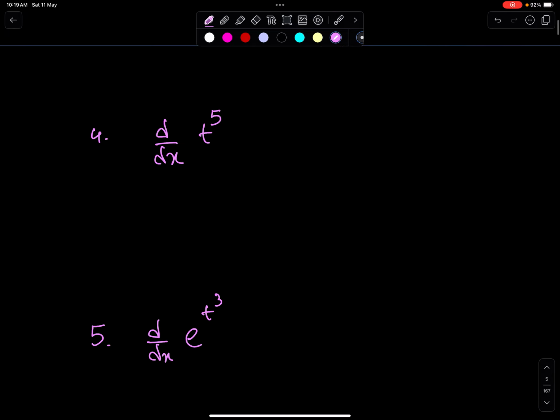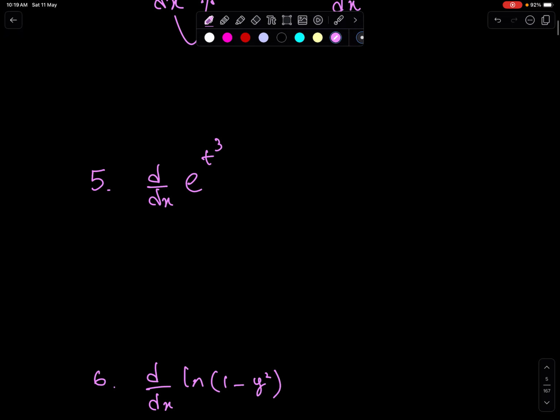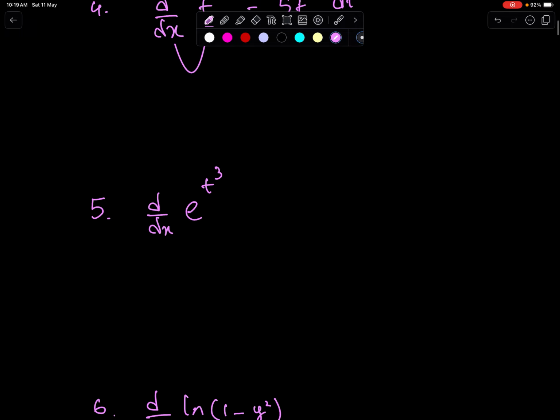What if we have t power 5? This is implicit. So t power 5 will become 5t power 4, and multiply this answer with the gradient of t, which is dt upon dx. e power t cube is implicit.